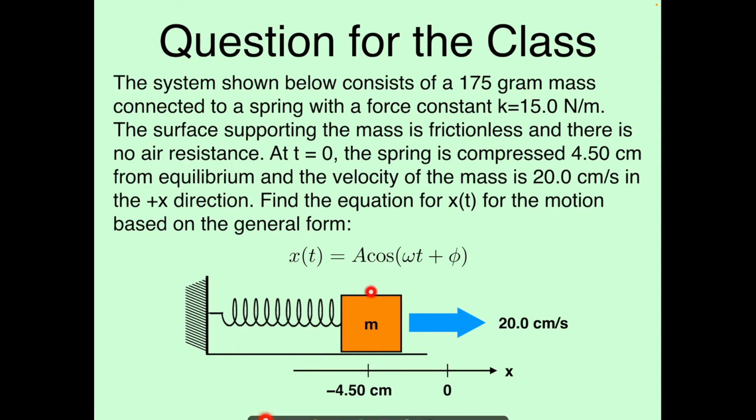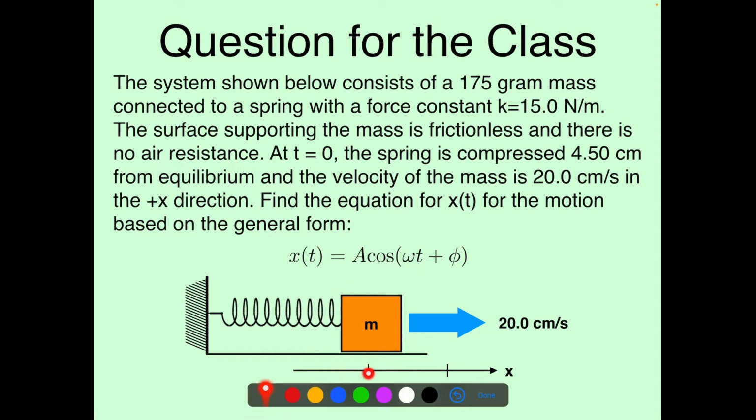So the spring is compressed by 4.5 centimeters, and it's moving to the right at 20 centimeters per second. Now, based on this data, we're going to find the equation x of t for the motion of this block, based on this general solution, x of t is equal to A cosine omega t plus phi.